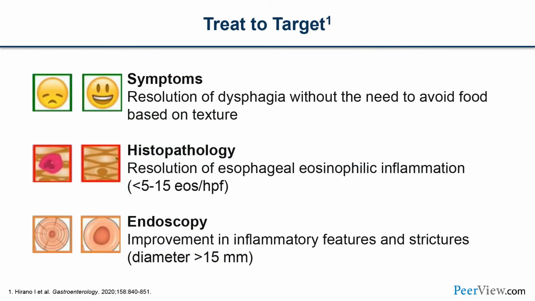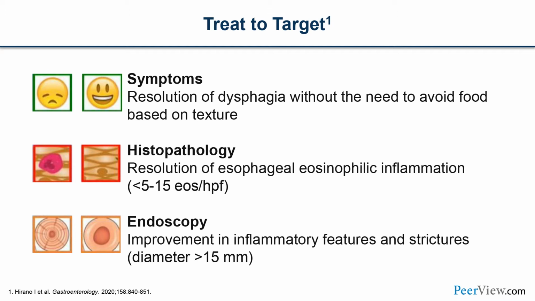So we try to treat symptoms, mostly symptoms of dysphagia, without the need to avoid food based on textures. This is written this way because you may have to avoid foods based on them being highly allergenic, or these are the part of the dietary management that has been shown to be beneficial in management of EoE.